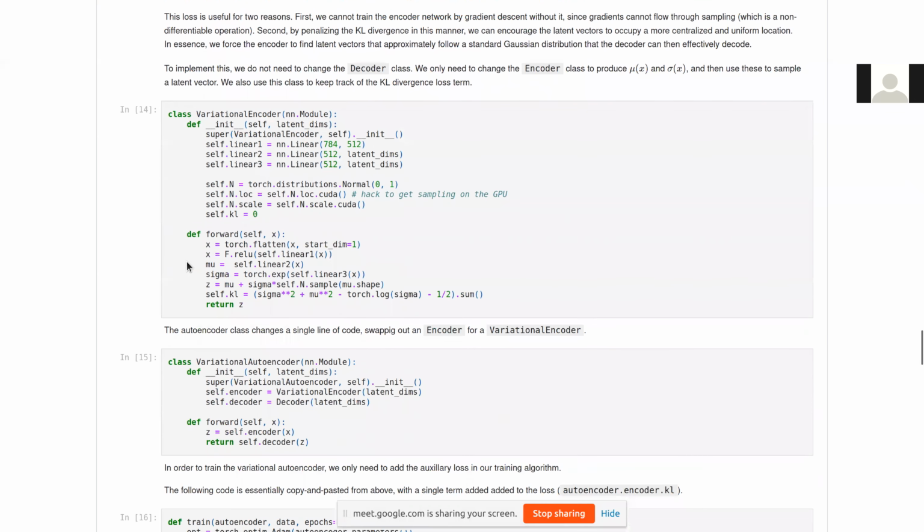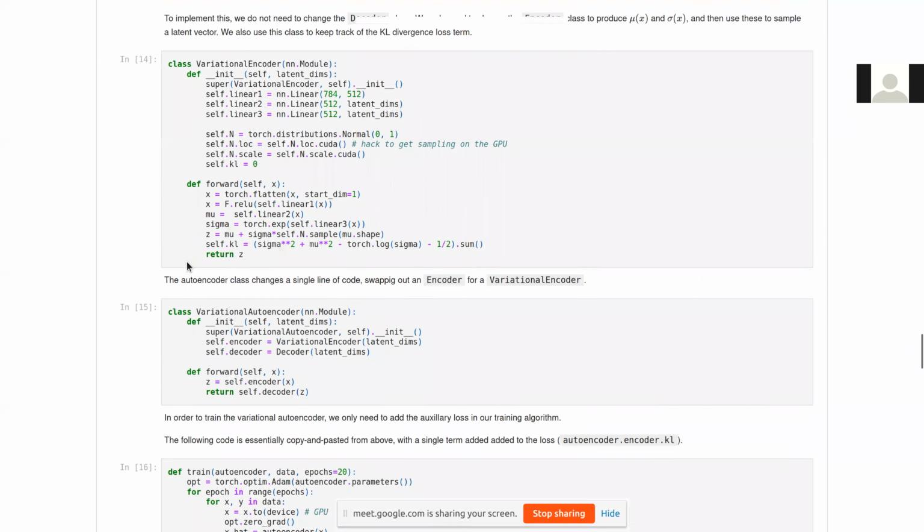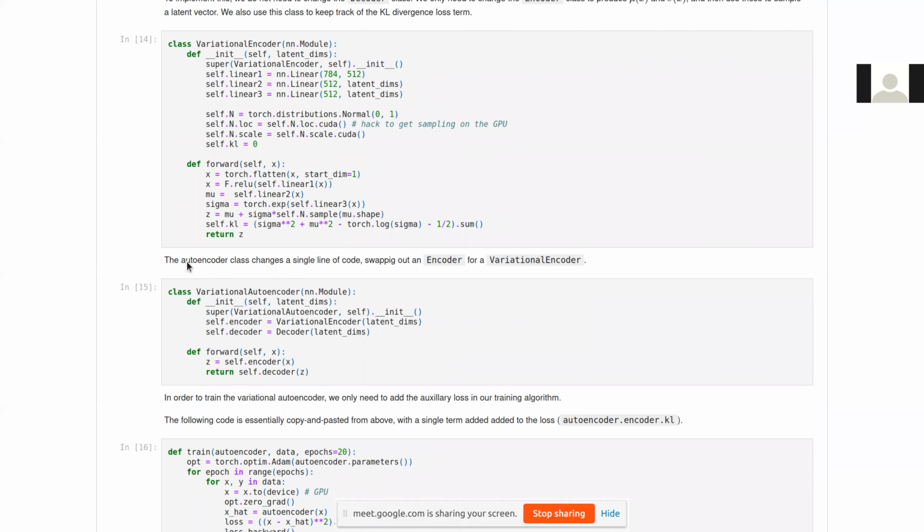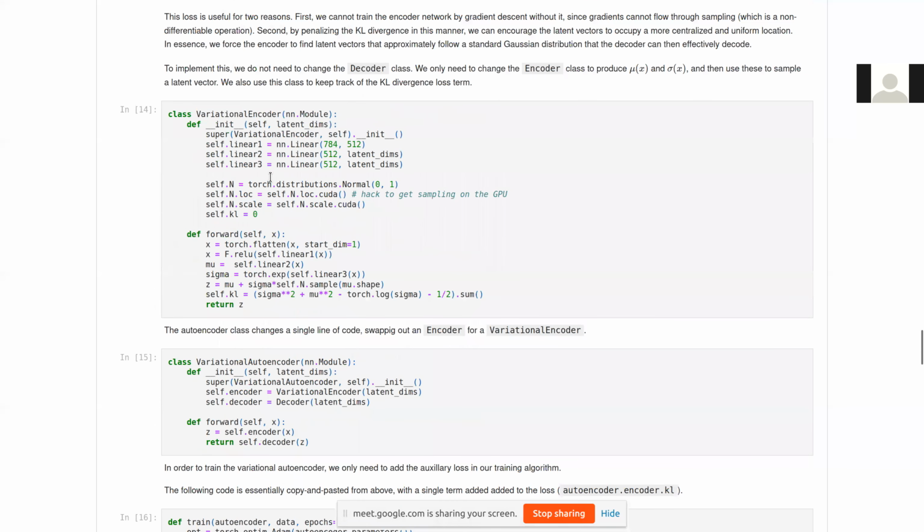Okay, so implementing the variational encoder and decoder, then we will train this model and look at its output. In the case of the variational encoder, it is a two-layer network again. So we map from 784 to 512. The first layer is the same.